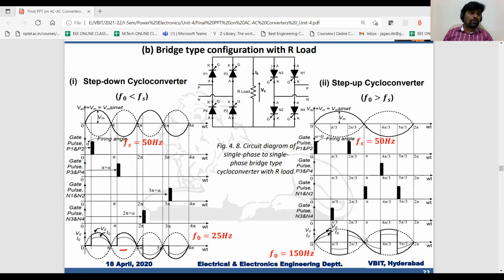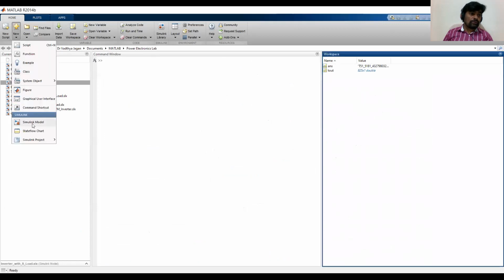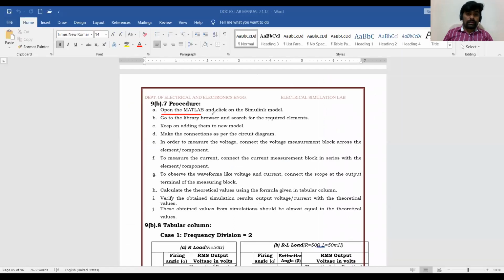So let me share the Matlab model now. And I will click on this new model. Then I will go for Simulink model. Now to do the simulation, this is the procedure you need to follow, right? First, I will open the Matlab, then I will click on the Simulink model.